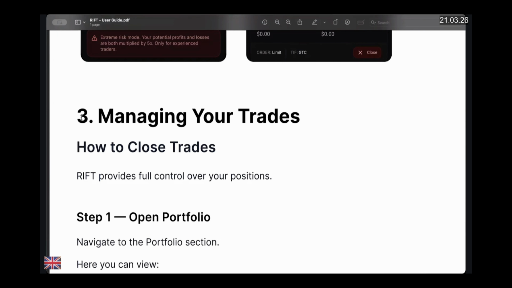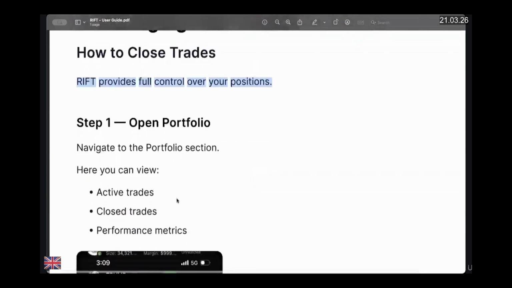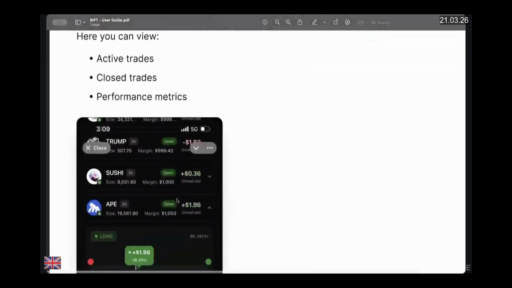And then comes the part where you manage your trades. How do you close your trades? Rift provides you full control over your positions. You can open the portfolio section and you can close the active trades which are having unrealized profit or loss.